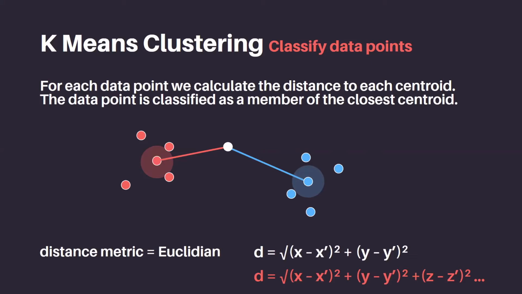So those distances represent how close that point is to the red group and how close that point is to the blue group. Then, depending on the smallest distance, that data point is classified as that group. So in this case, the red distance is much smaller than the blue distance. Therefore, that white data point would turn red and be classified as part of the red group.